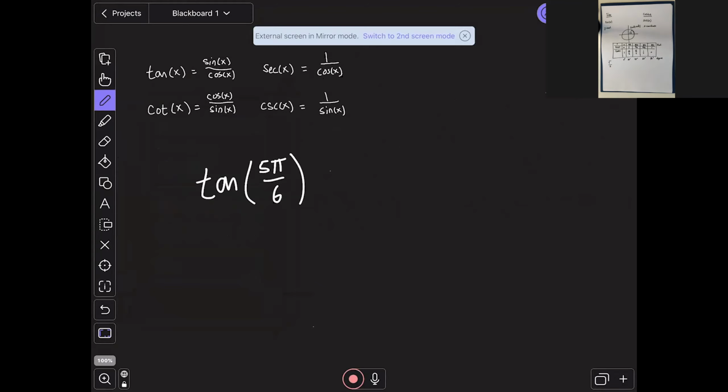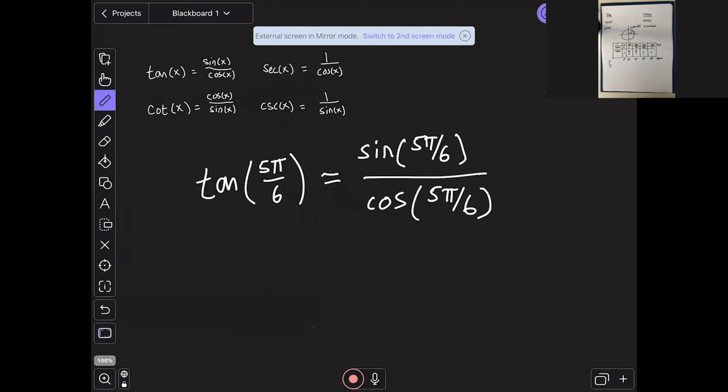So what I want everybody to do is keep in mind that when we think about tangent, we're thinking about this over here, right? Whenever I plug in this, I'm going to be looking at our sine and cosine values. So we'll do something like this: we have sine of 5 pi over 6, and then we're going to divide this by cosine of 5 pi over 6.